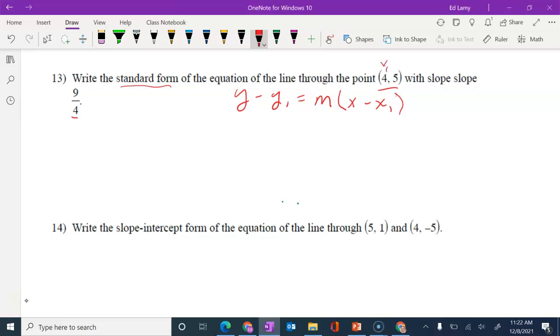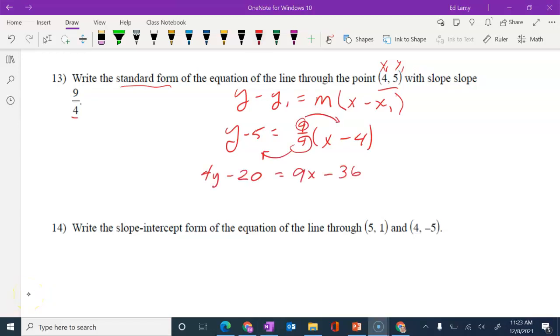So this is x1 and y1 right there. So this writes as y minus 5 is equal to 9/4 times x minus 4. That's point slope form. And we'll do the same thing we just did, the hurricane. Distribute the 4 that way and distribute the 9 that way.